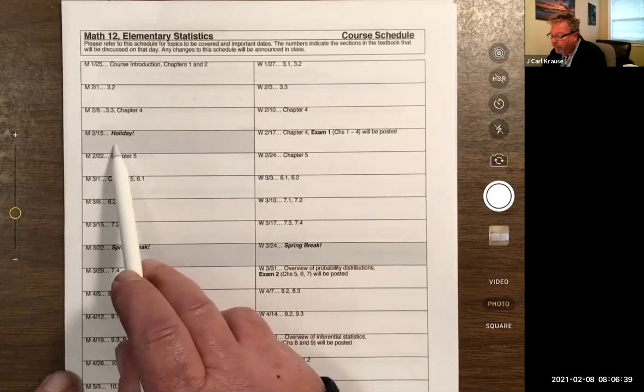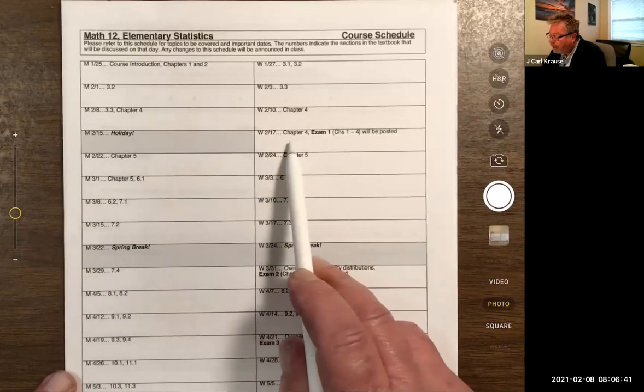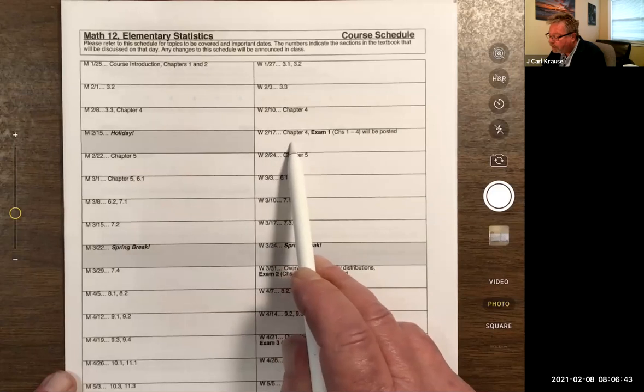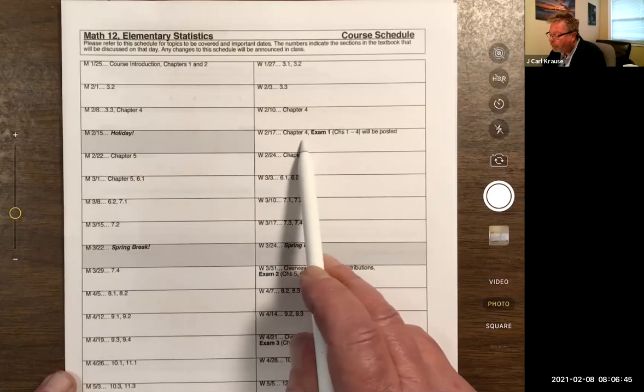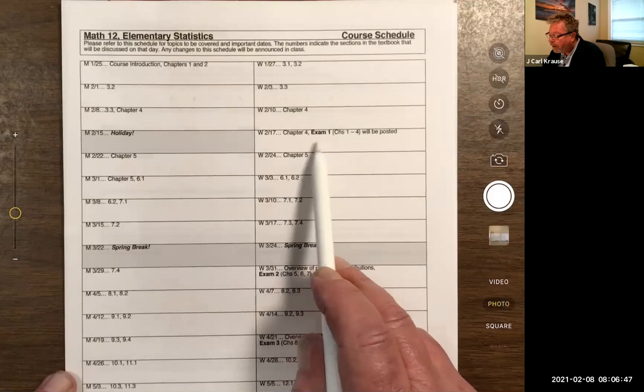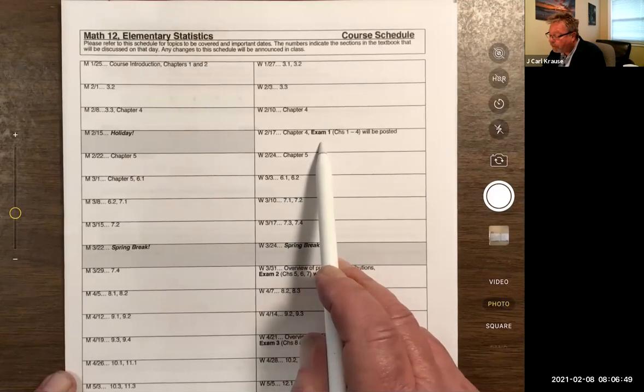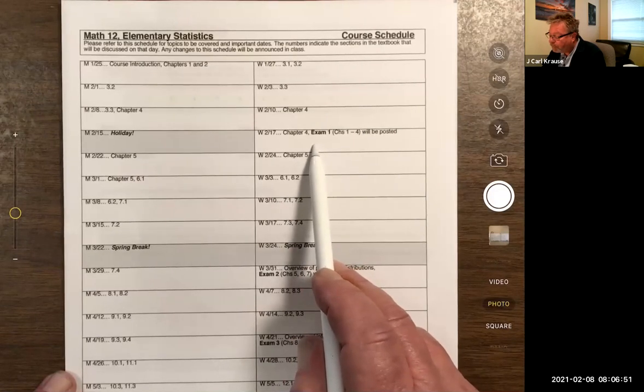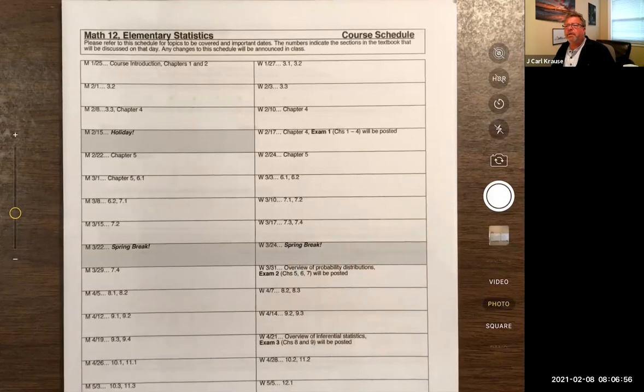A week from today, we have a holiday. And then Wednesday the 17th, we'll wrap up chapter 4. We'll talk about the exam, and exam 1 will post on that Wednesday morning after class. And then you'll have until midnight the following day to get the exam to me.